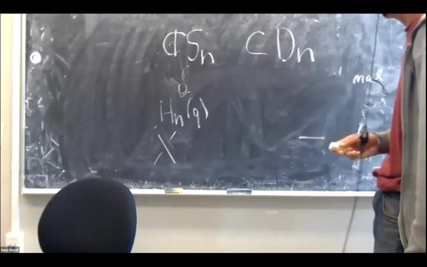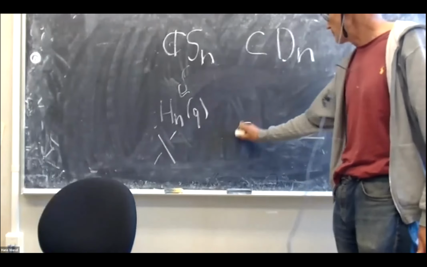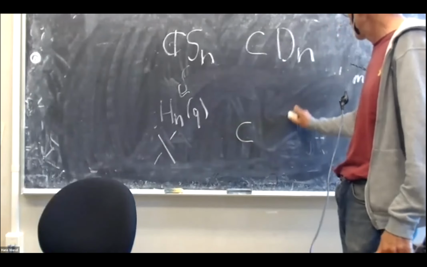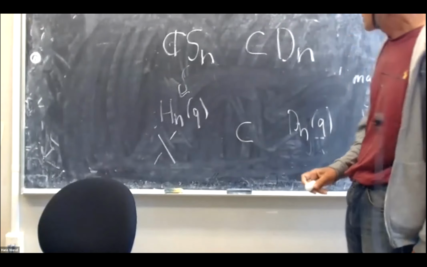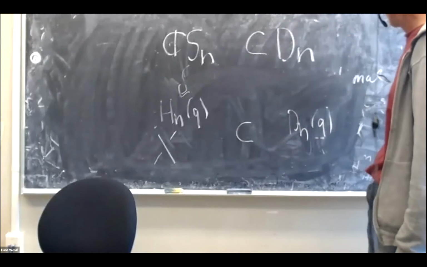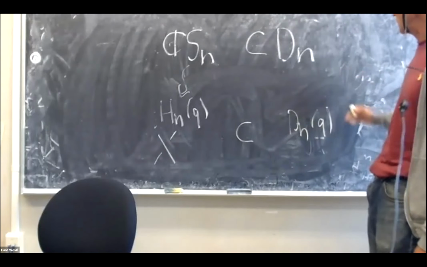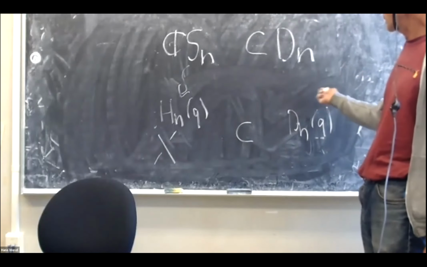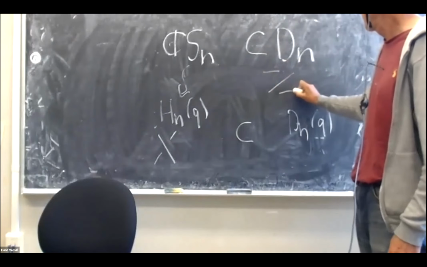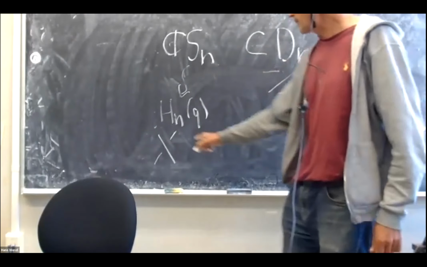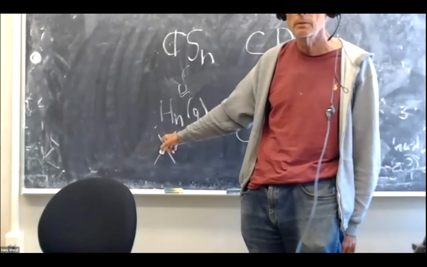Now essentially, of course, this has to be a subalgebra of this q version, D_n(q). So we basically just need to figure out how such a vertical guy interacts with these crossings here.